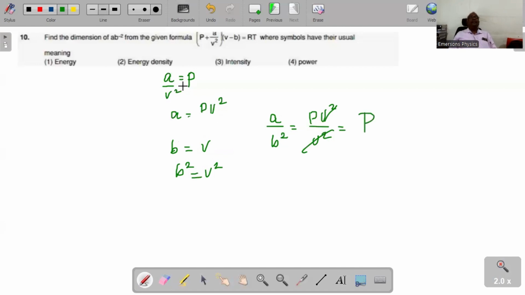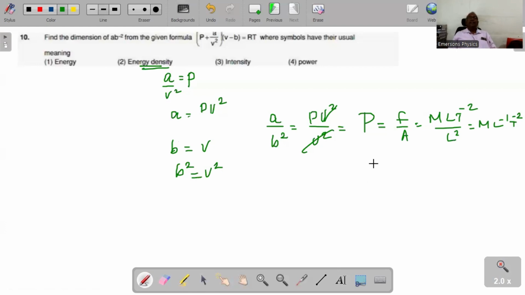Pressure and energy density have the same unit. Pressure is force by area: m L t to the power of minus 2 by L squared, so that it becomes m L to the power of minus 1 t to the power of minus 2.